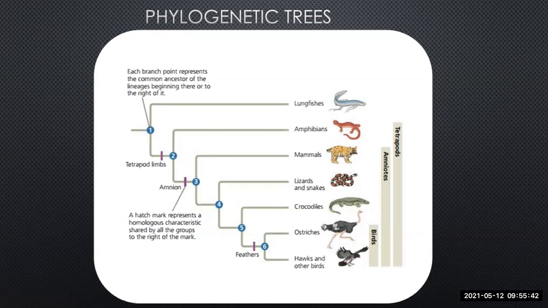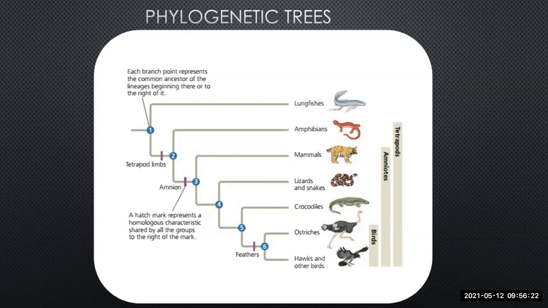So you can say that crocodiles share a common ancestor with birds, and back here is some hypothetical organism that we haven't found that has some traits of crocodiles but started to evolve into birds, changing their circulatory systems and feathers and things of that nature.